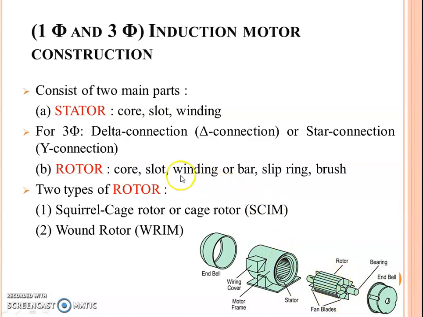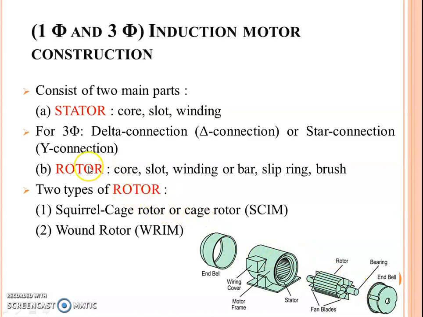For the stator we have two kinds of connection for 3-phase: delta connection, where we connect line to line and don't have any neutral connection, and star connection, from line to neutral, where the neutral connects to the neutral lines. Later on you will see the connections.